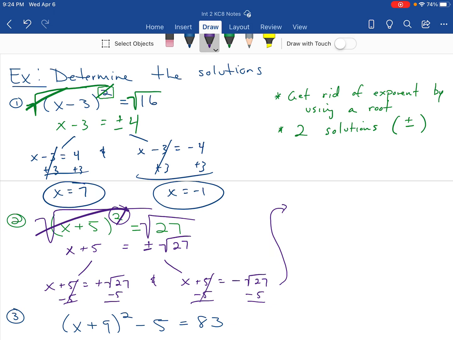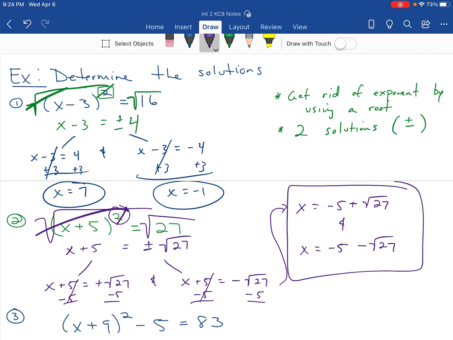Okay, so when you are subtracting 5 from both sides, the square root of 27 minus 5 is not the square root of 22. You cannot combine those. So in the first equation, you get x is equal to negative 5 plus the square root of 27. You're just rewriting it just like terms that are not alike. And x is equal to negative 5 minus the square root of 27. This is my final answer.